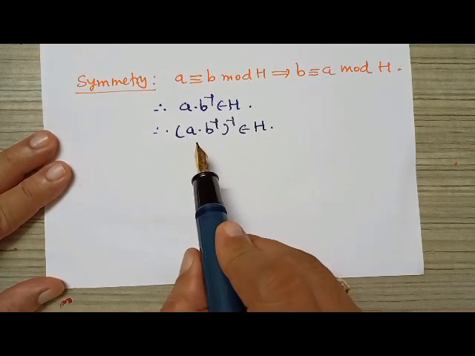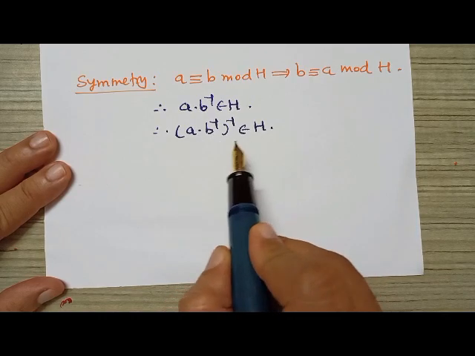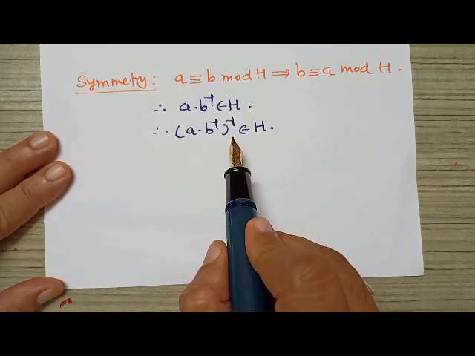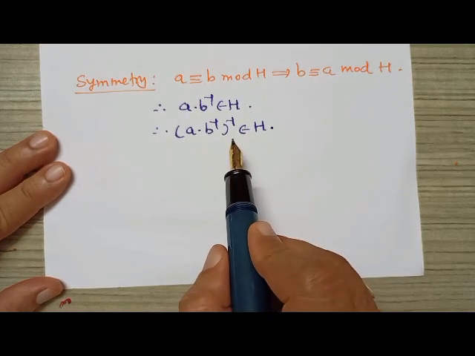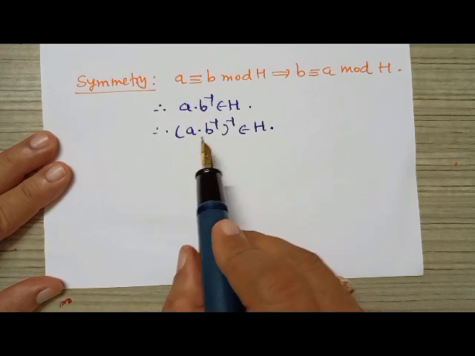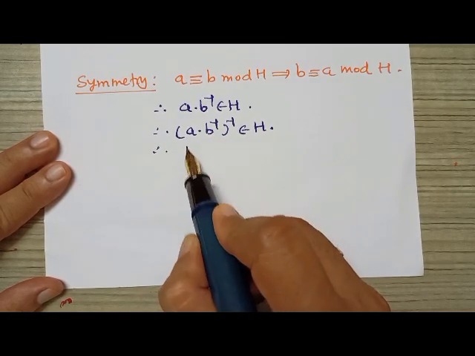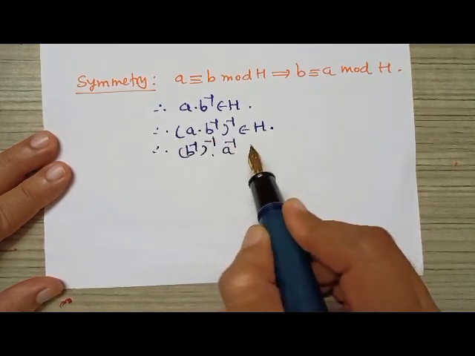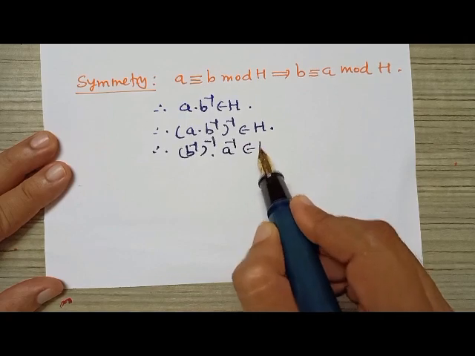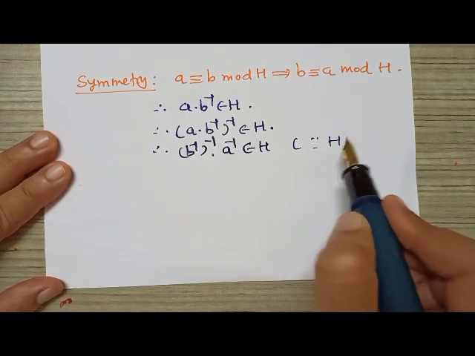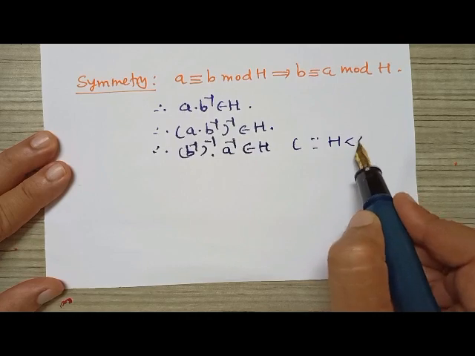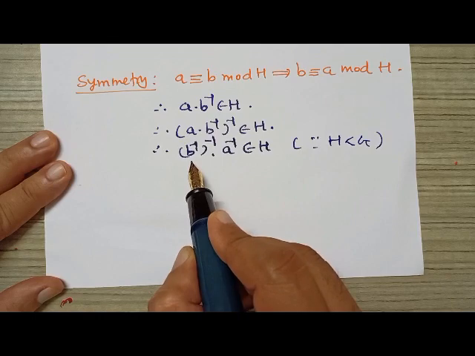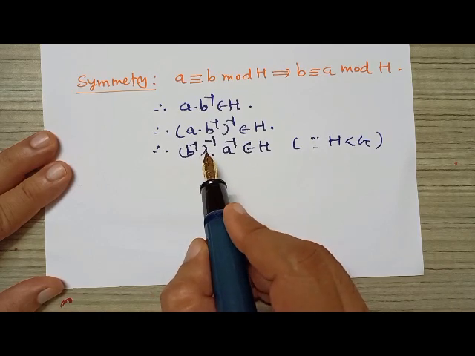And in group theory, we know that (XY) whole inverse is equal to Y inverse X inverse. Therefore, it is B inverse of B inverse, and then inverse of A must belong to H, because H is a subgroup of G and G is a group. We also know in group theory that the inverse of an inverse is itself.